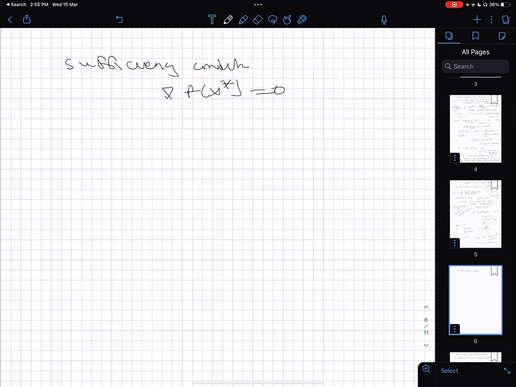So the gradient will be 0, and the Hessian matrix is positive definite. Sometimes I just write it as saying that this is strictly greater than 0. But this is just a notational thing that I'm doing.